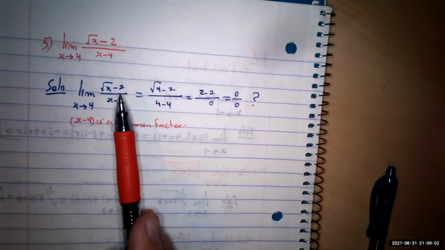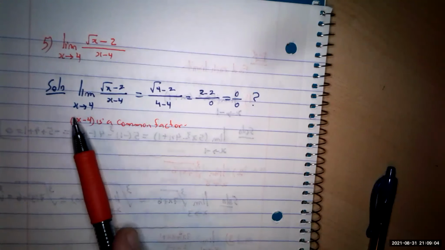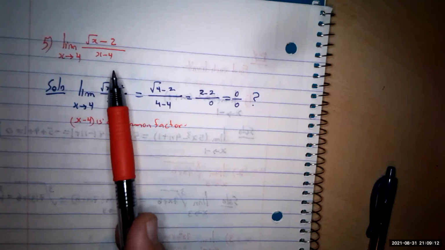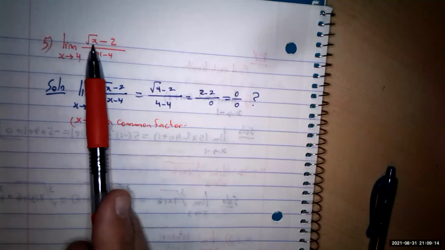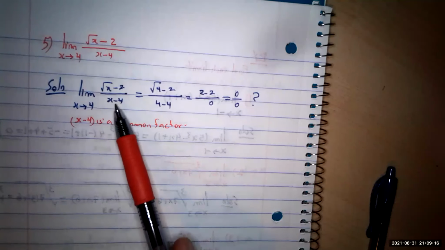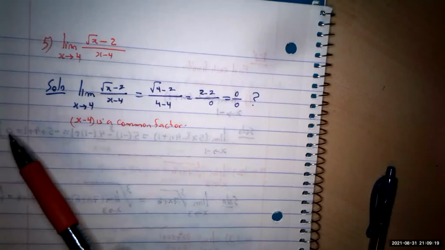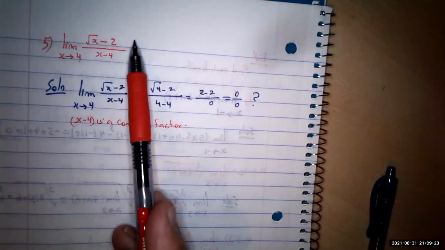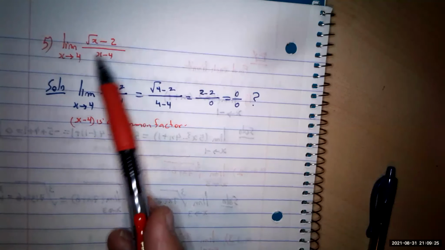Okay, so how are we going to do it? Remember in algebra, we call it rationalizing, rationalizing the denominator or numerators. So you have to remove this radical to get x minus 4. To rationalize, you multiply the top and the bottom by the conjugate of the radical expression.